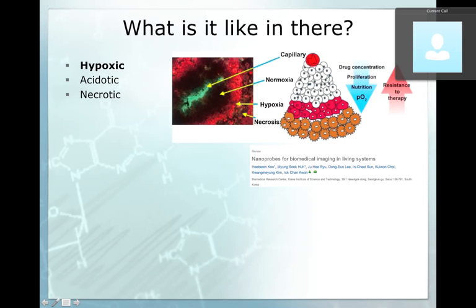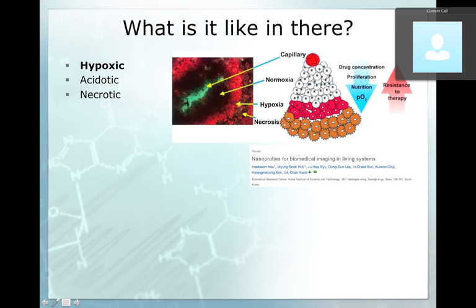So if you look at this, this is a dye that is staining for hypoxia and oxygen levels. Here's the capillary. You have an area that surrounds it, but you see it's not very big, in which you have normal oxygen levels.